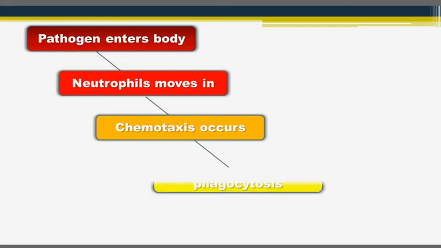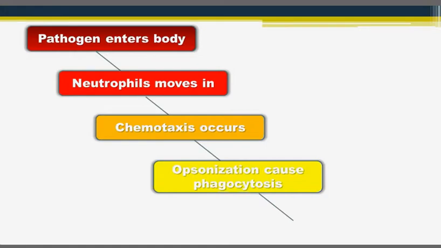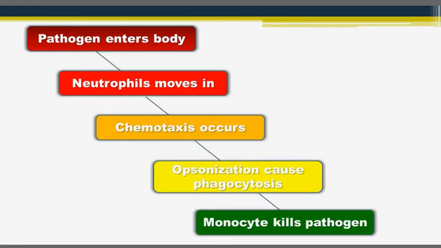This process needs a further process called opsonization by the presence of opsonins, which are antibodies, which cause phagocytosis to engulf the bacteria. And finally, the monocyte will kill the pathogen, causing apoptosis of the pathogens.